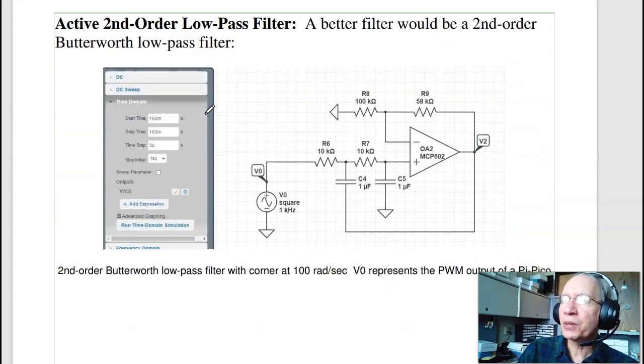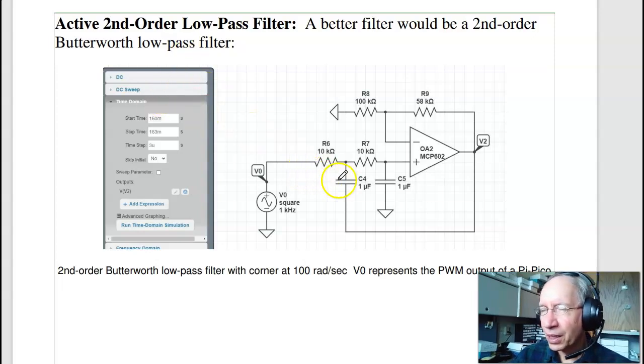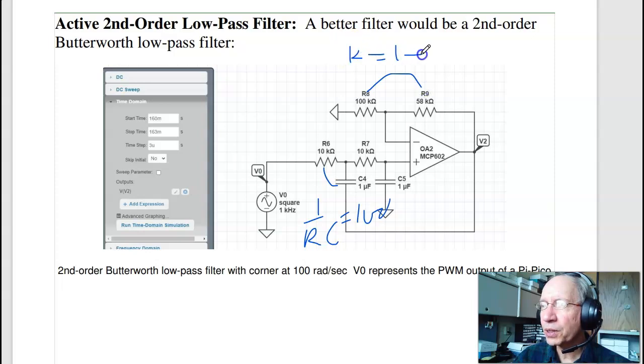A better filter would be to build a second-order Butterworth low-pass filter with a corner at 100 radians per second. So to do that, 1 over RC is 100. This guy right here is K. K is 1 plus the ratio, R9 over R8.